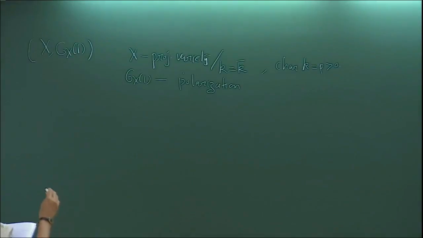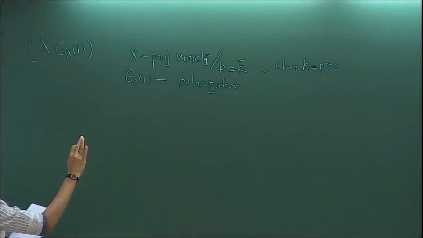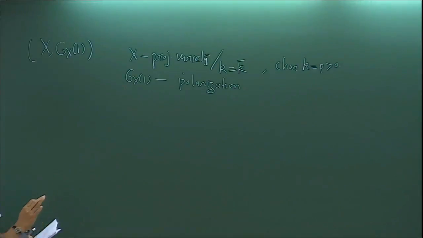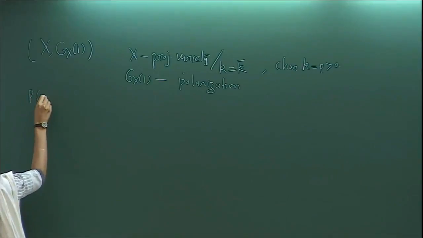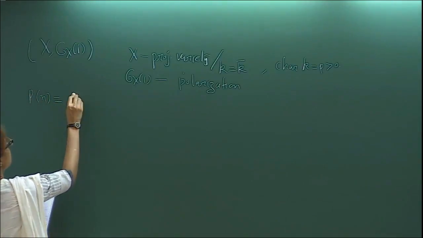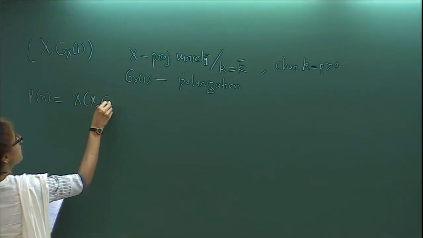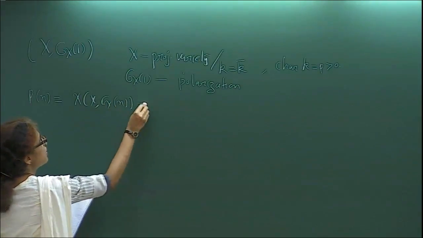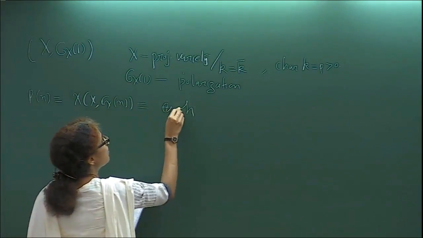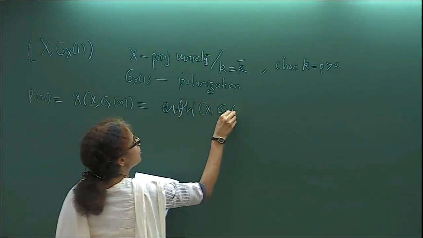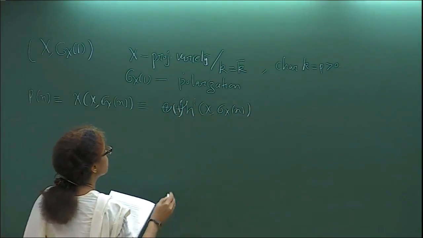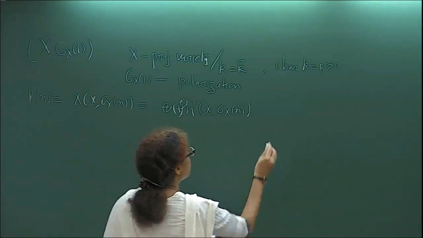So given this pair X with a polarization, we can associate a degree. I'll quickly recall, I suppose everyone is familiar. Consider this number, the Euler characteristic, which is the alternating sum of the cohomology of the n-twist.